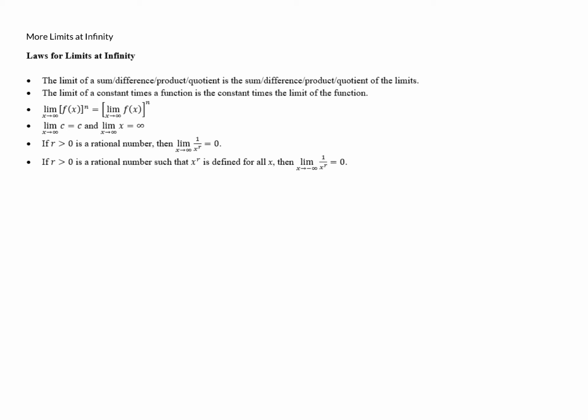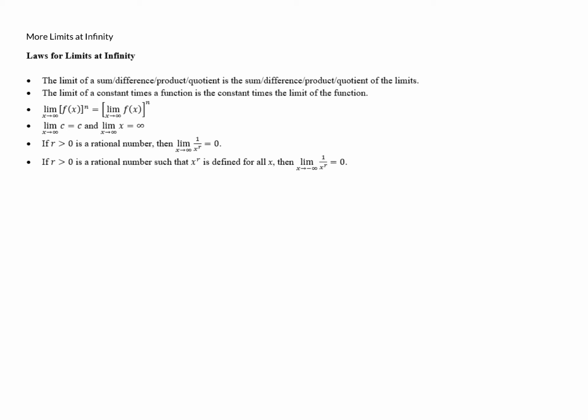These last two are a little bit more specific, and we're going to be using them with rational functions. If r is greater than 0 and is a rational number, then the limit as x approaches infinity of 1 over x to the r is equal to 0. So remember, whole numbers are rational numbers.